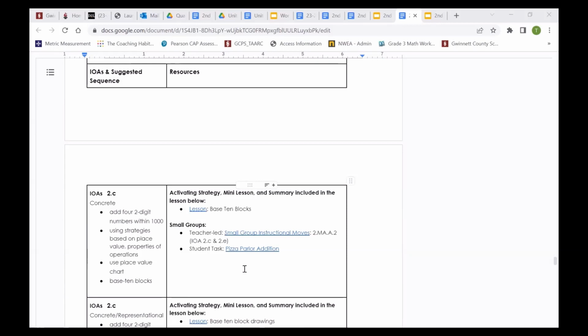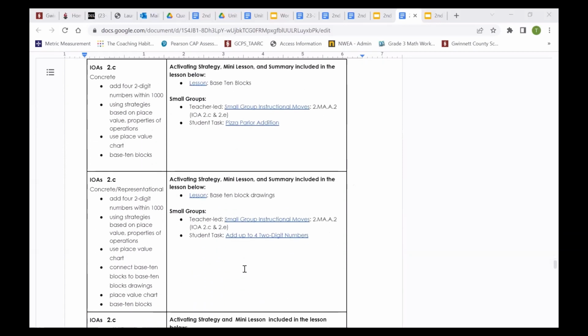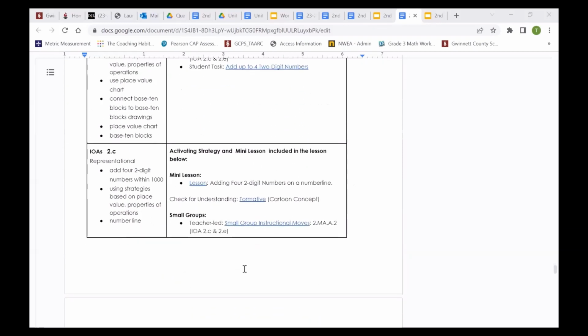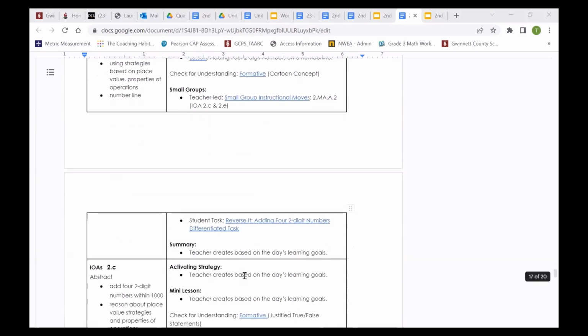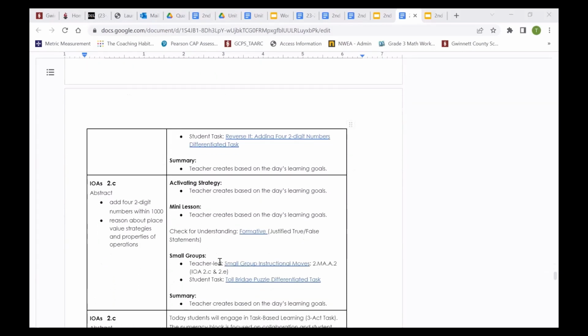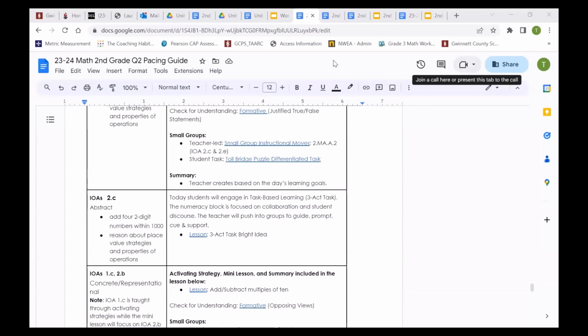They will spend 5 days progressing from using base 10 blocks to number lines to reasoning abstractly in order to combine 4 two-digit numbers within 1,000. Along with GCPS suggested lessons, there is a task-based lesson provided on day 5 of IOA 2C.